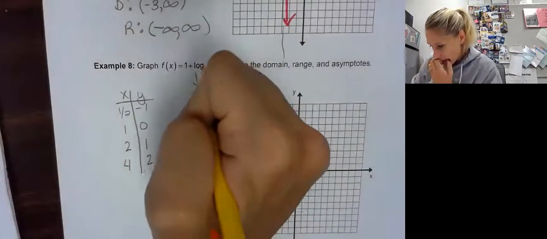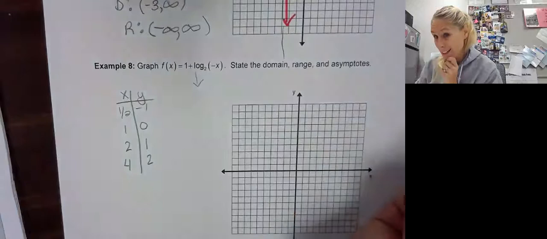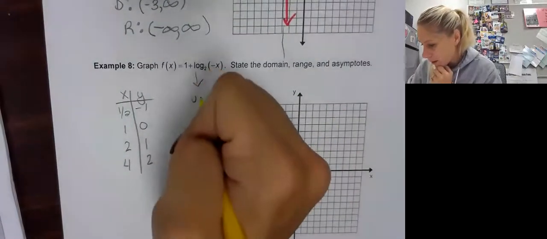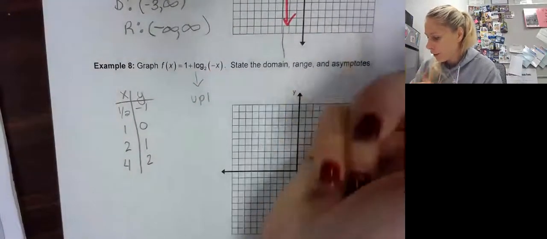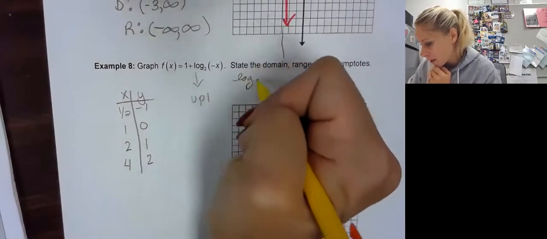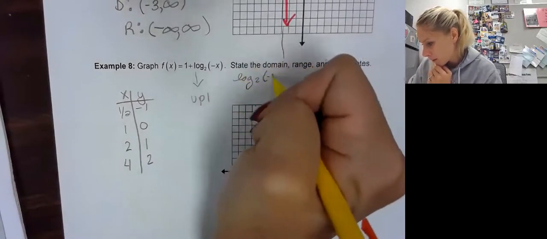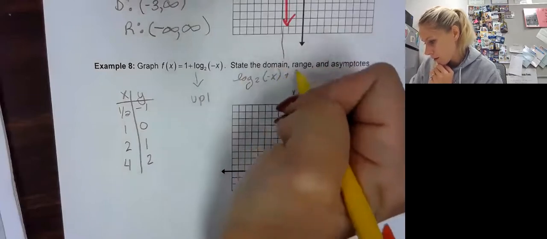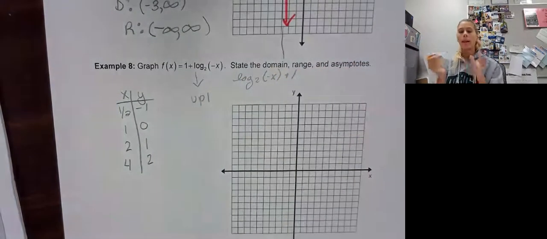Okay, let's talk about what happens here. So we are adding 1 on the outside. Adding 1 means going up 1. If you want, you could have rearranged that to realize it was in the back, so that way we don't get confused like that. Okay, now with a negative on the inside, what does that do?